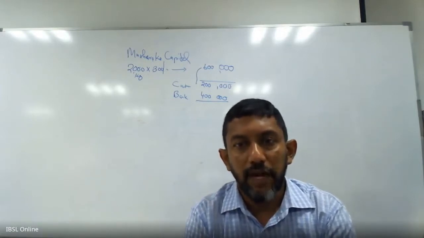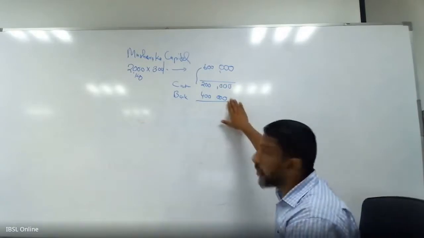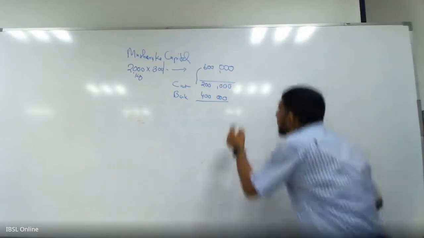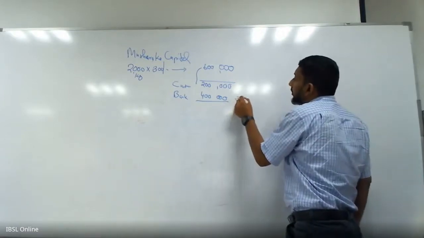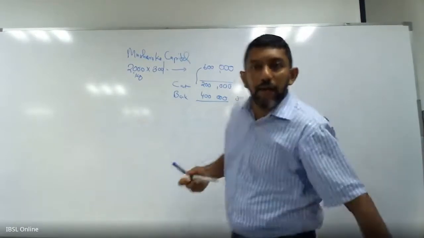Bank is ready to grant a Musharaka facility for 400,000 rupees for 3 months on a PSR.